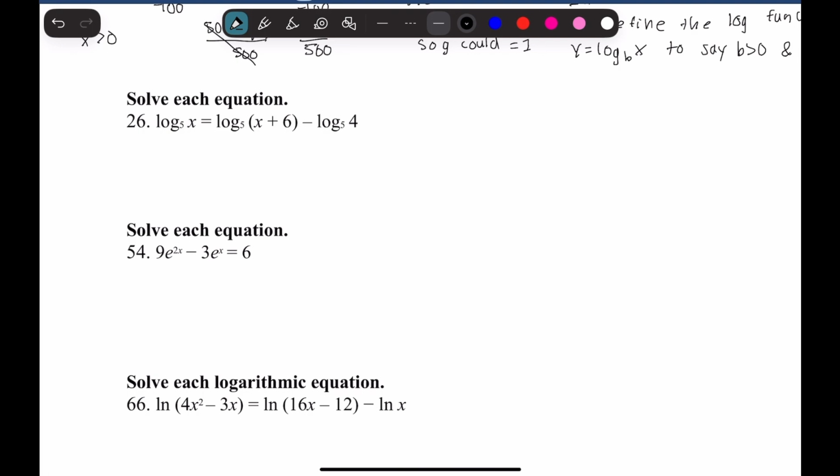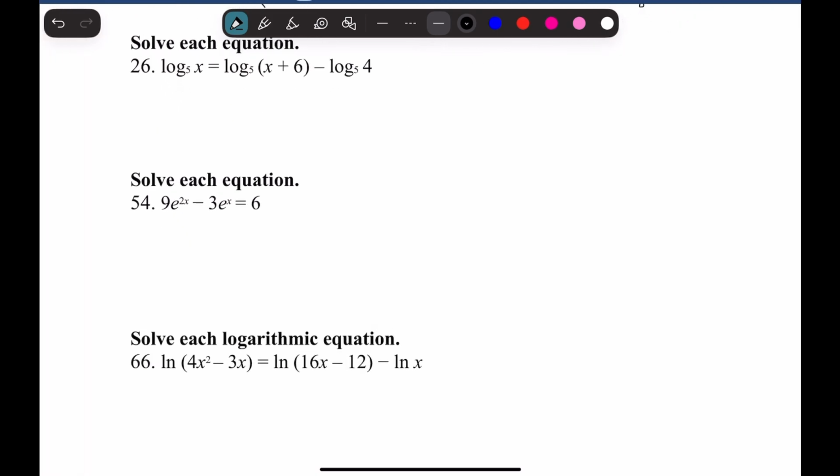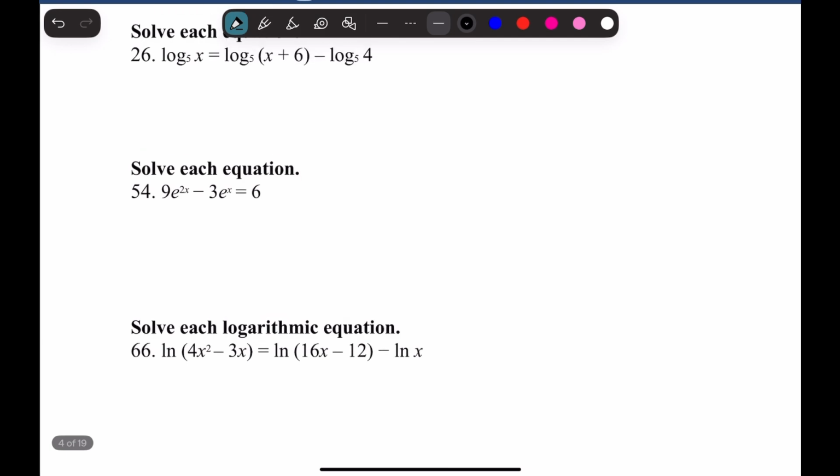Log base 5 of x is equal to log base 5 of x plus 6 minus log base 5 of 4. So what can we do here? Well, let's just isolate all the logs to one side. So now we have log base 5 of x plus 6 minus log base 5 of 4 minus log base 5 of x is equal to 0.